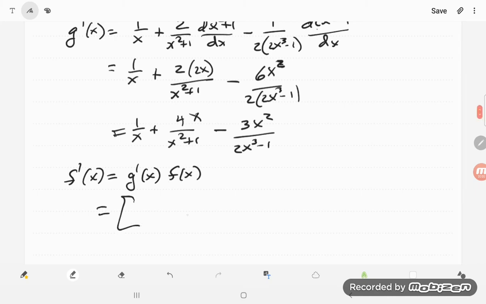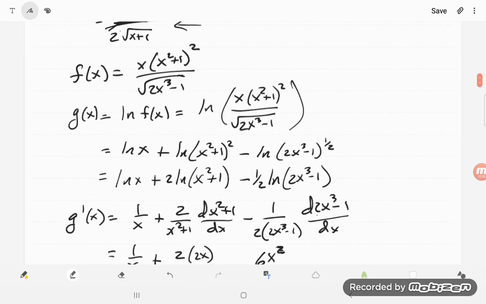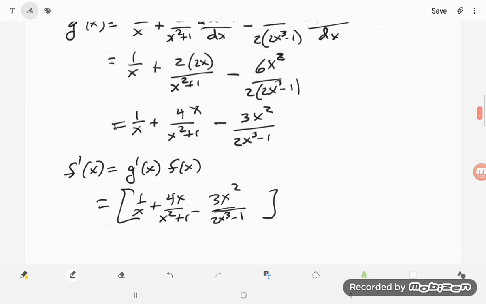So f prime of x is equal to g prime of x times f of x. And g prime is that stuff: 1 over x plus 4x over x squared plus 1 minus 3x squared over 2x cubed minus 1, and then all times f, which was x times (x squared plus 1) squared over the square root of 2x cubed minus 1.